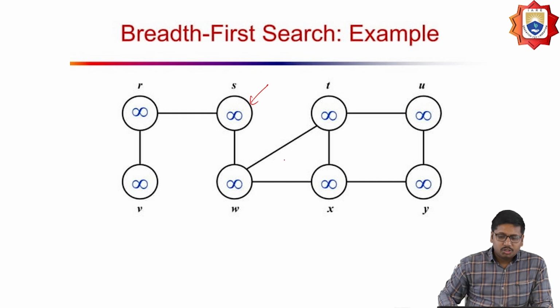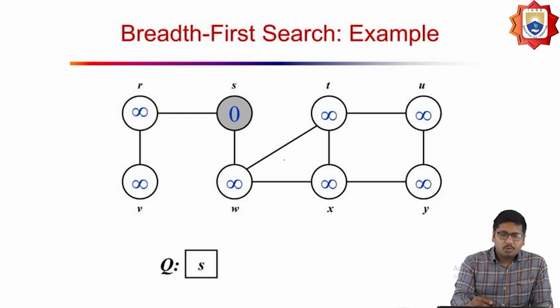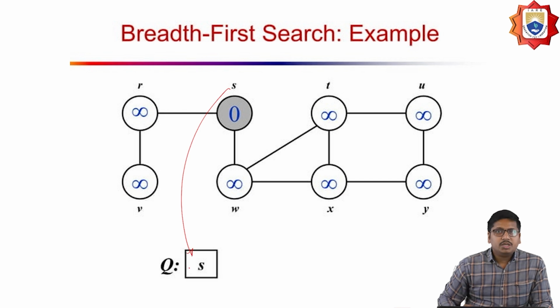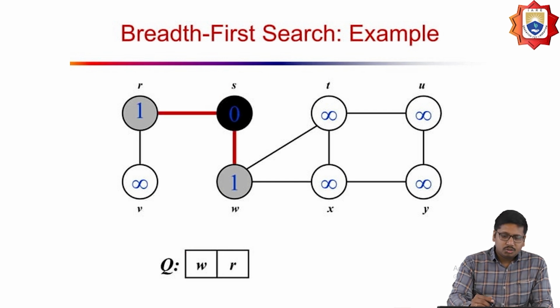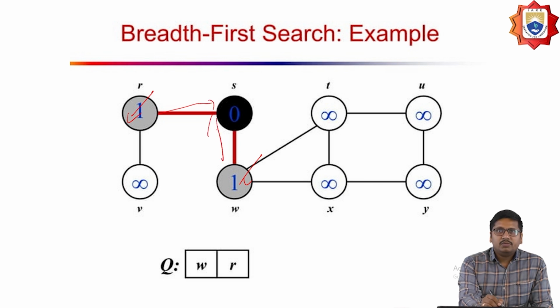I take this one as the source, mark it as 0, and push it onto the queue. Once that is done, what are the vertices adjacent to S here? Only this one and this one. So I mark this one as 1, and this one also as 1. These are the two nodes adjacent to S.